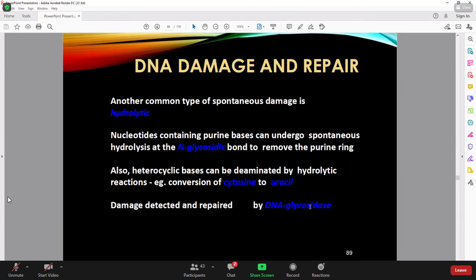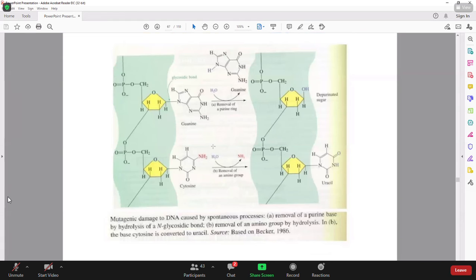Take note, because spontaneous hydrolysis occurs at the N-glycosidic bond, the glycosylase enzymes help to detect and repair the damage at this specific bond. This represents the statement from the previous slides.